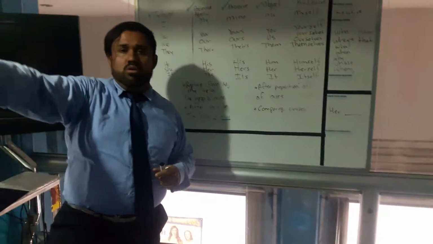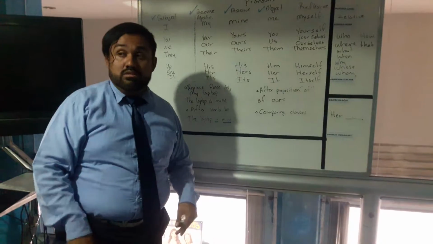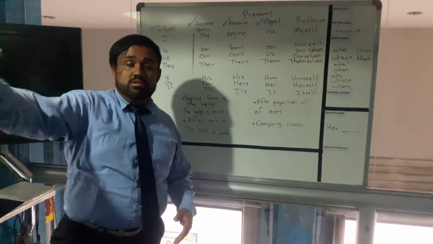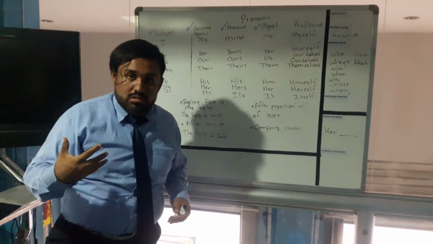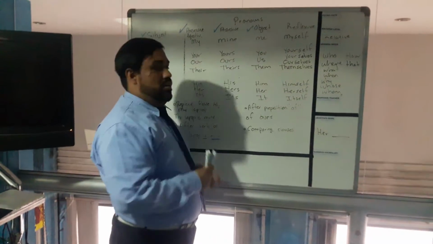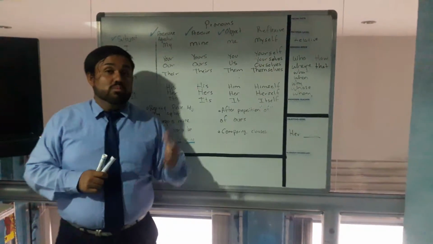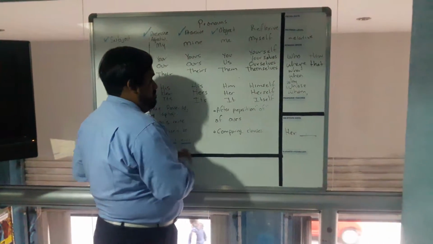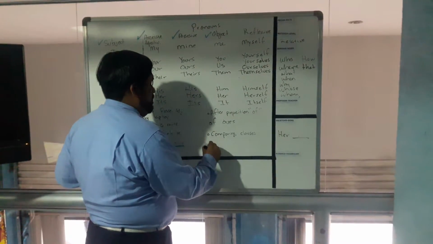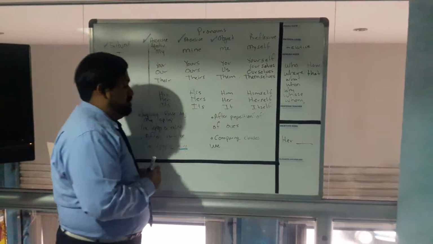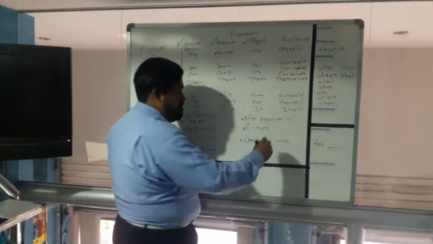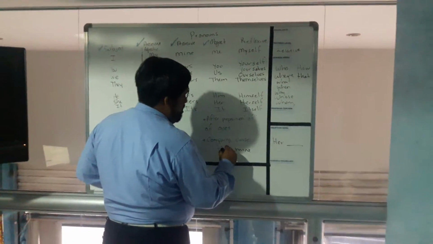Or, as in this example, who are those people? And you say, those people are family of ours. Son nuestra familia, o son familia de nosotros. So you can say that. And comparing clauses also, one more time. This is very important. When you compare a clause, for example, than mine.